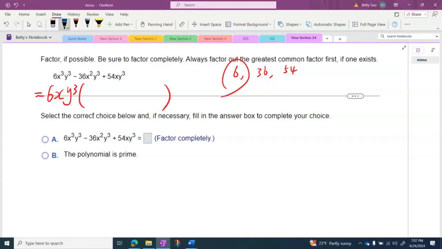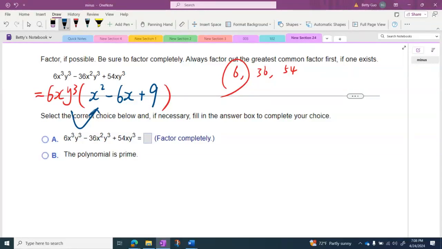Factored out, inside the parentheses, we have x squared minus 6x plus 9.